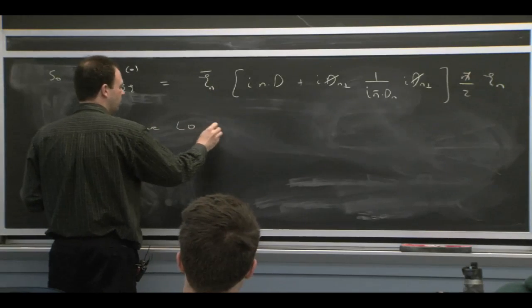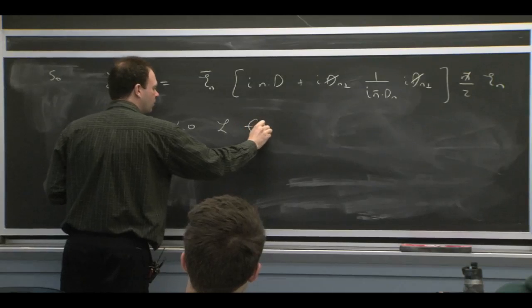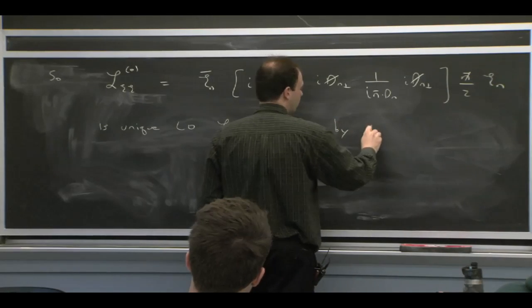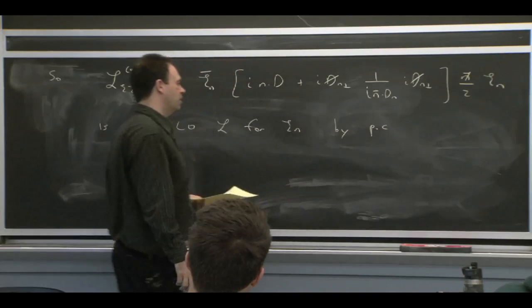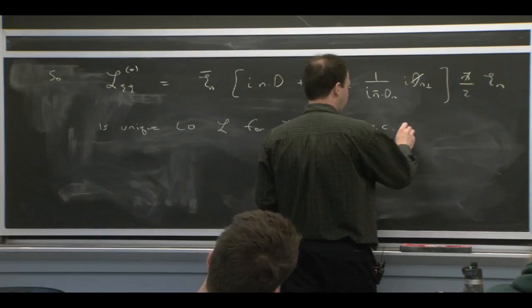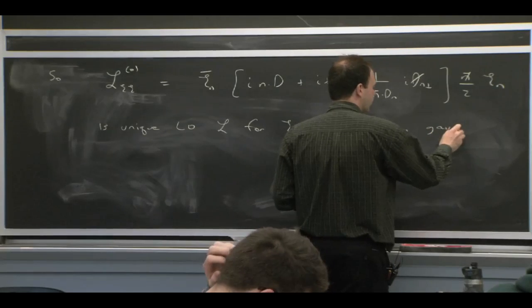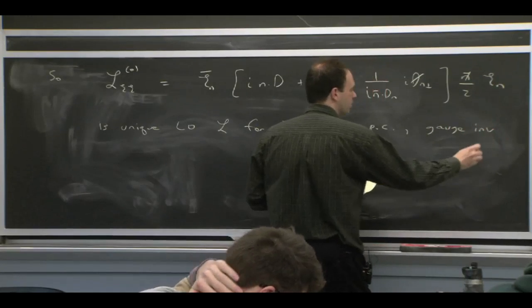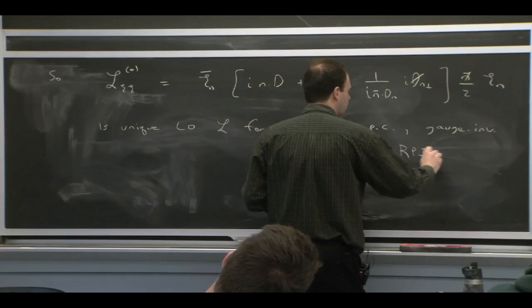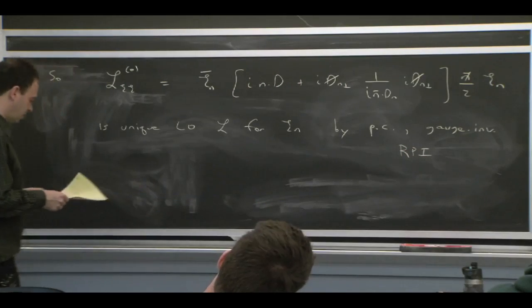So it's the unique leading order Lagrangian for the CN field. And the things that we've used here are power counting in order to say that the terms here should be lambda to the fourth. That's what leading order meant. Gauge invariance to make these covariant derivatives of appropriate types. And now also reparameterization symmetries.